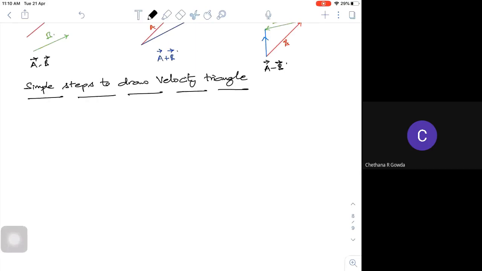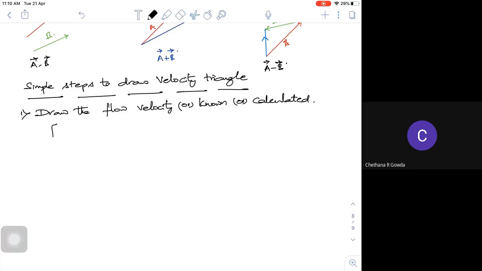First, draw the flow velocity, if it is given, or if it is known, or calculated, whatever it may be. So, simple clue is the flow velocity.